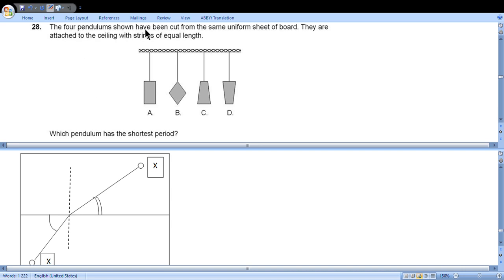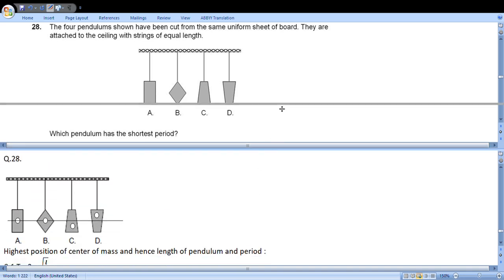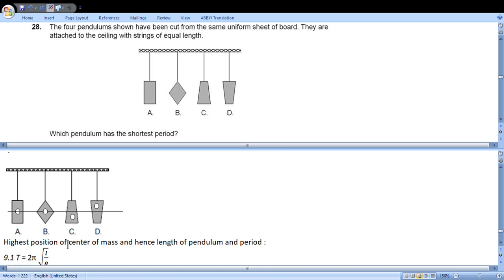The 4 pendulums shown have been cut from the same uniform sheet of board. They are attached to the ceiling with string of equal length. Which pendulum has the shortest period? So I copied this picture here, and what I found is that the centers of mass are different. Here it is in the middle, here lower than the middle line, and here above.